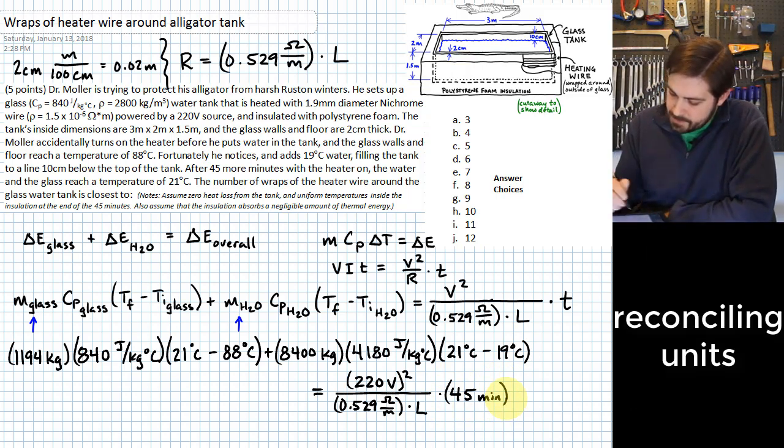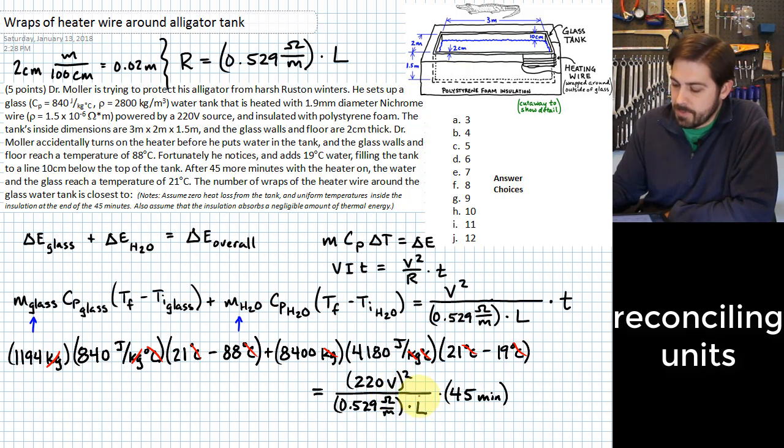Okay, now if we look at this, what we end up with on the left side of this equation is going to be joules, because the kilograms cancel, the degrees C cancel, and the only thing we're left with is joules. What we have as this fraction right here is an expression for power, and then we have multiplied by time. This power, if we assume L is in meters, is going to come out in watts, and watts is joules per second.